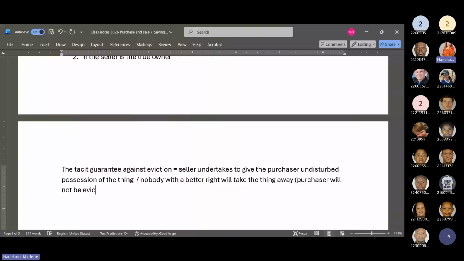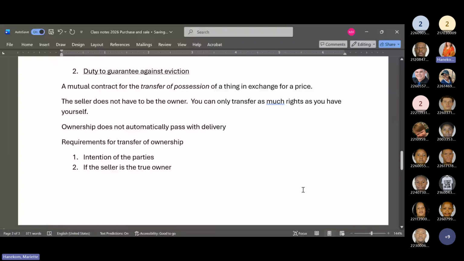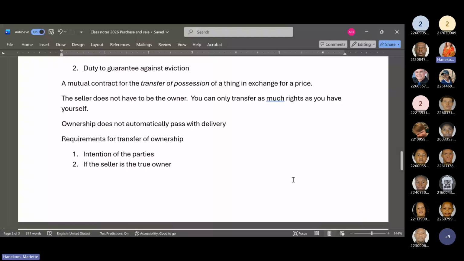Just be careful, the word eviction in this context. We all know the word eviction. That's if you're living in a place and you haven't paid your rent and the landlord tells you to pack your stuff and leave, you're being evicted. Eviction in this instance has a wider meaning than just being kicked out of premises.